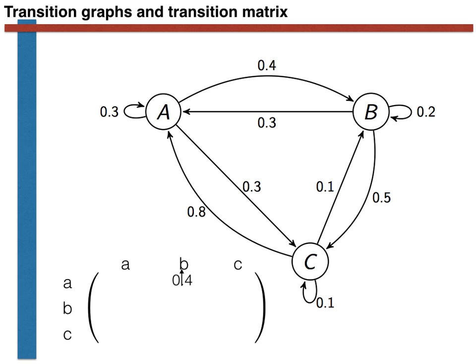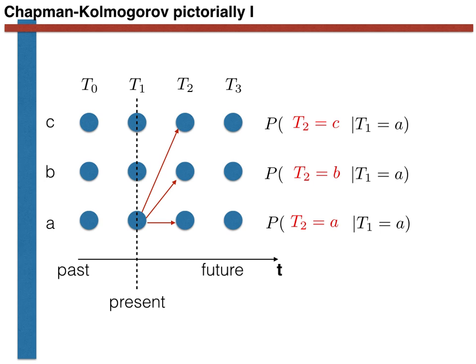In this video we want to answer one further question about Markov chains. We now know how to obtain the probability of T2 being equal to A, B, or C if T1 equals A. We can read this information off either the transition graph or from the one-step transition probability matrix. What we would like now is to determine the conditional probabilities that T3 takes on these three different values.